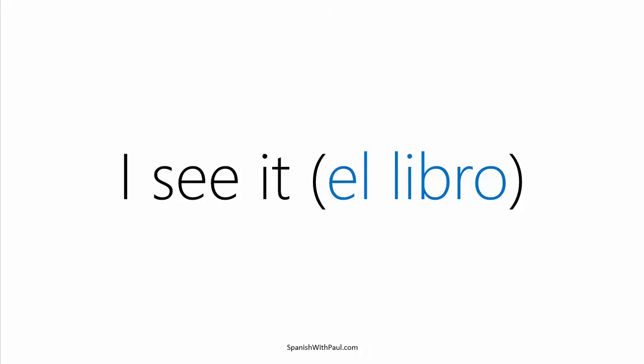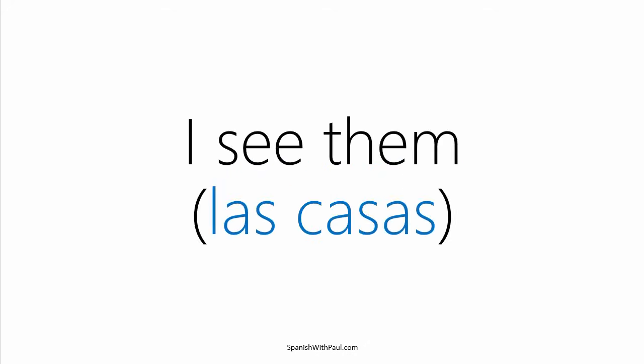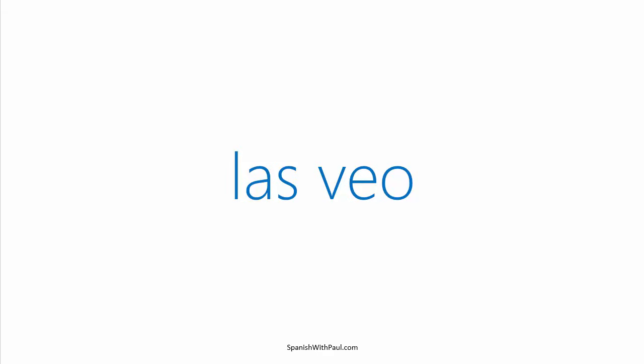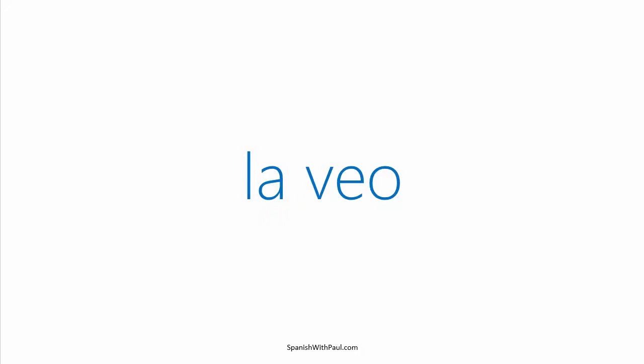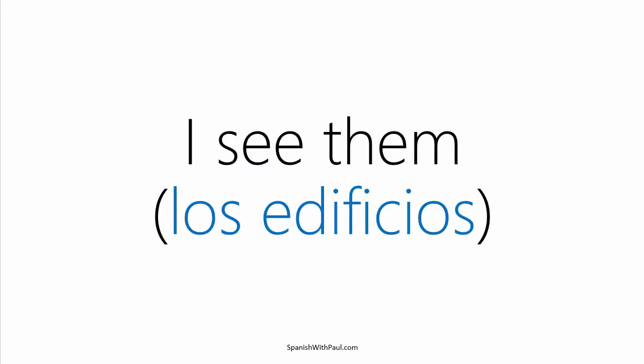How would you say I see it when referring to el libro, the book? Lo veo. I see them when referring to las casas, the houses. Las veo. I see it when referring to the pen, la pluma. La veo. I see them when referring to los edificios, the buildings.